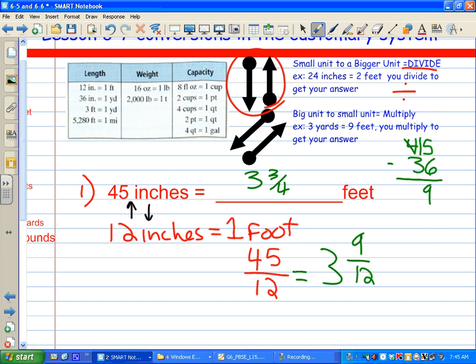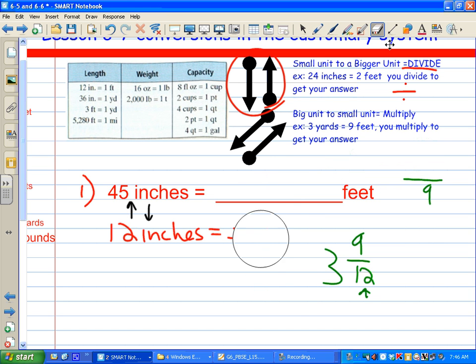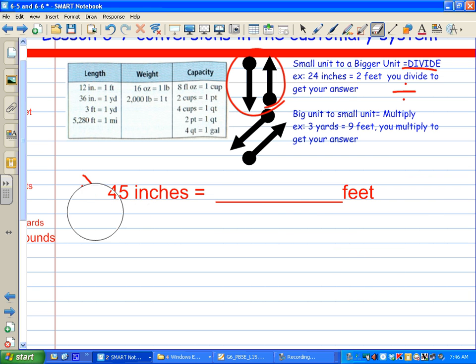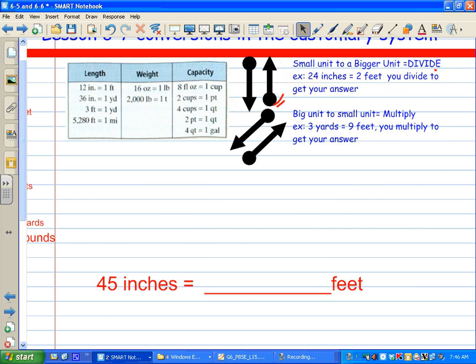But since I'm already in twelfths, and I know that a twelfth of a foot is an inch, I could also write this as 3 feet, 9 inches, and it would still be correct. So that's how you do division. If you're going up and down with your facts, when you restate them, you divide. Let's go ahead and do a couple more examples here after I've cleaned up.